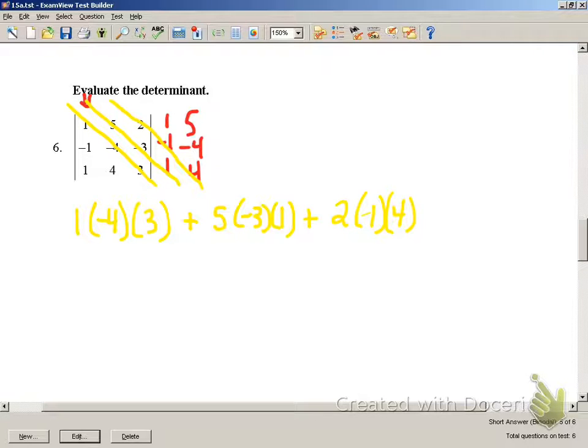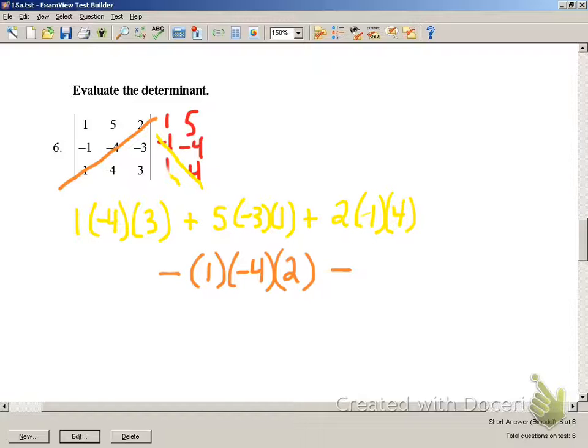I will then start subtracting the products of 1, negative 4, and 2.